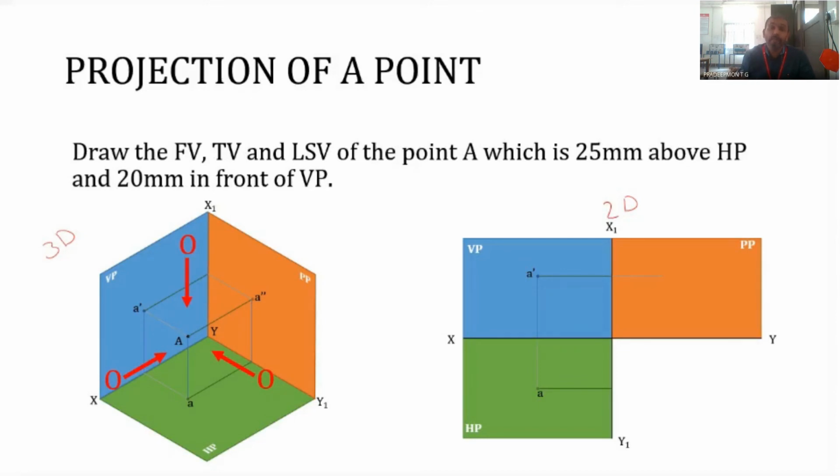Or in some solids, only the distance from one point to the VP will be given, so the distance of the other corners from VP we don't know. In that case, how do we obtain this particular point, the side view? That is the condition.